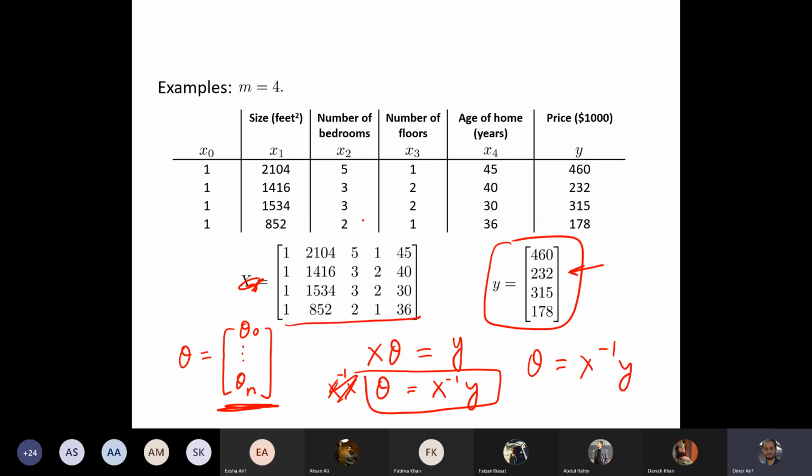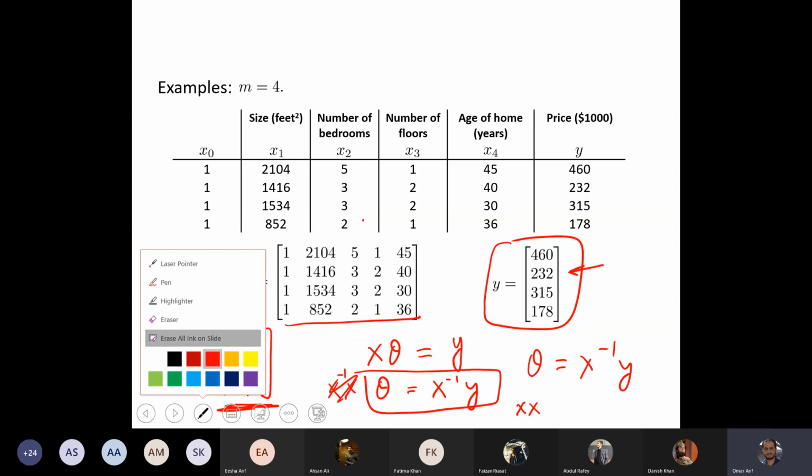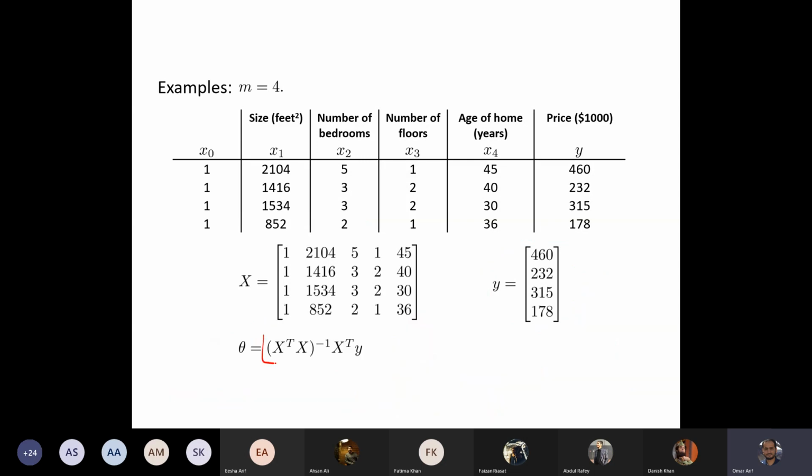So instead of simply the inverse, I'm going to compute the pseudo inverse, and the pseudo inverse is this whole part here. This is going to give me theta in a single step. I just need to place these values in and compute the parameters.